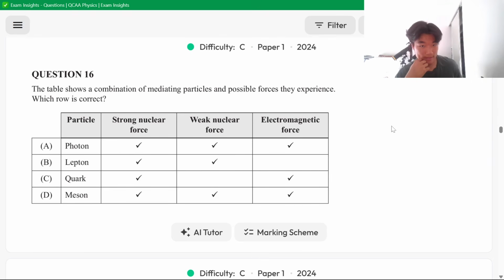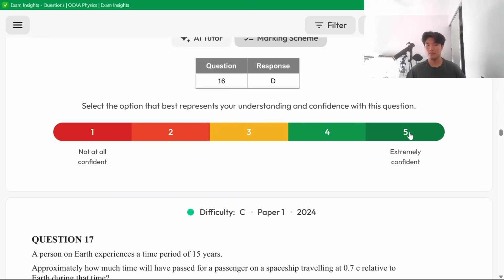Quarks, they experience the weak nuclear force. I'm pretty sure they do. Do they not? So it can't be C, so it's D, right? Yeah.